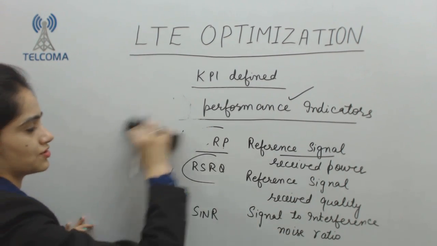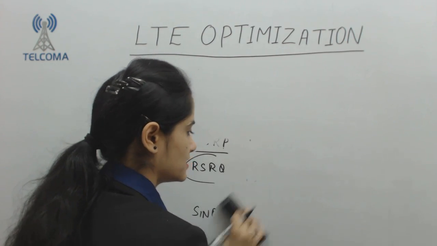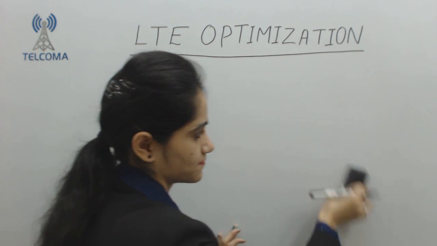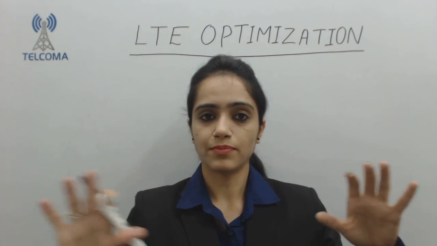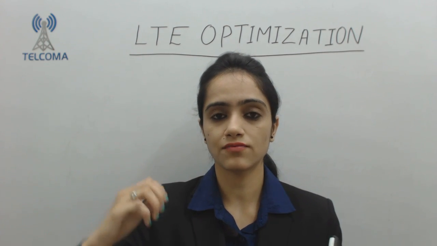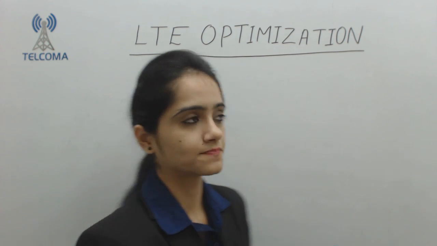Now optimization is basically a process, divided into a number of parts. We have deployed the network, that means planning. After that we are using the network, and now we require continuous optimization of that network.